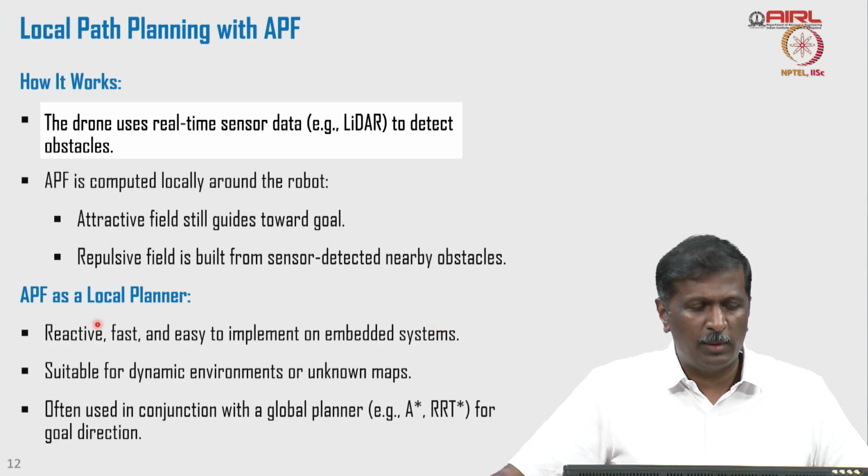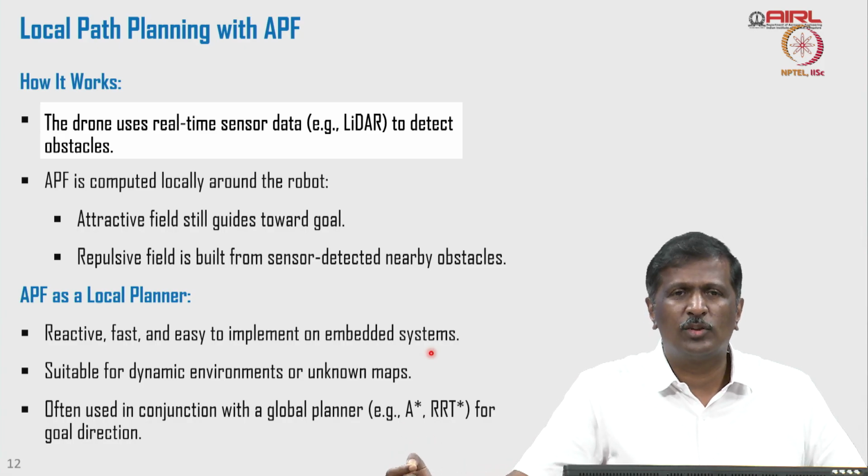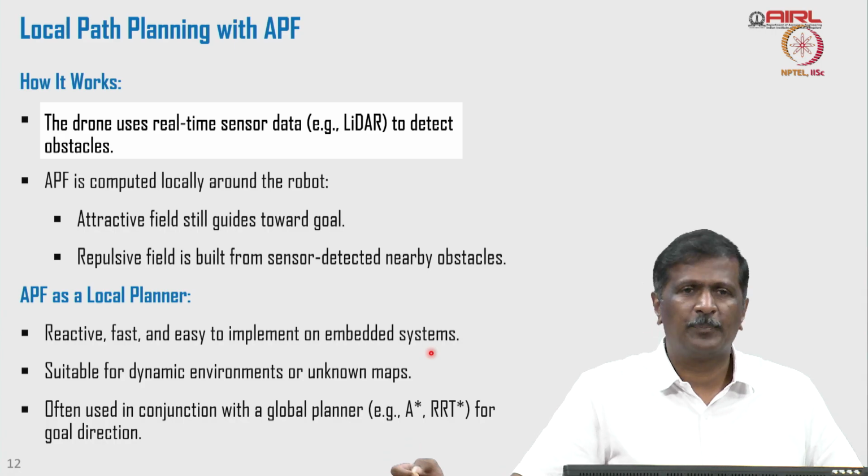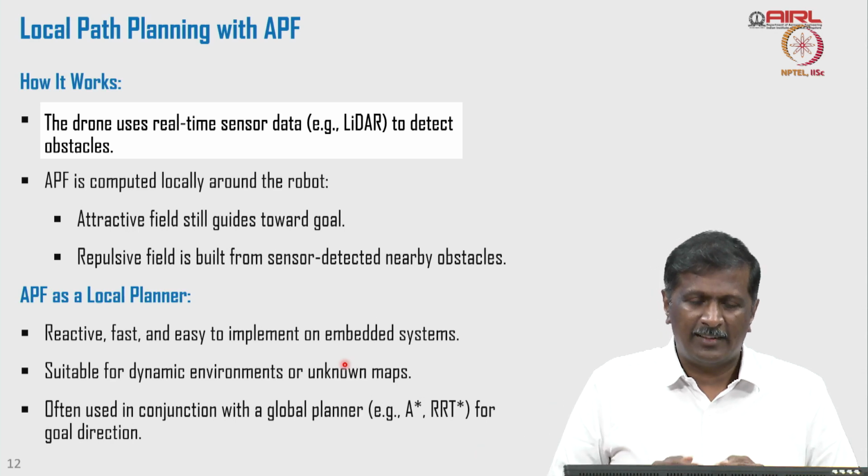As APF for local path planning, it's reactive, very fast and easy to implement in embedded systems. The time to compute the trajectory is going to be very small. It's suitable for dynamic environments or unknown maps also. That's what I meant.